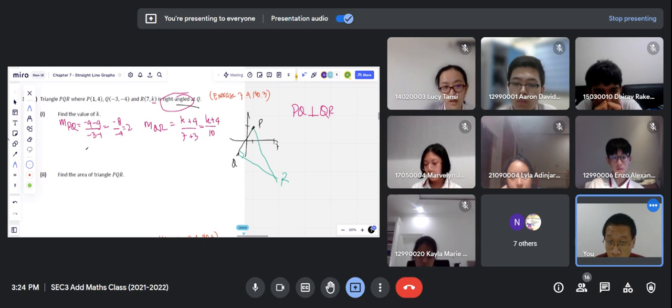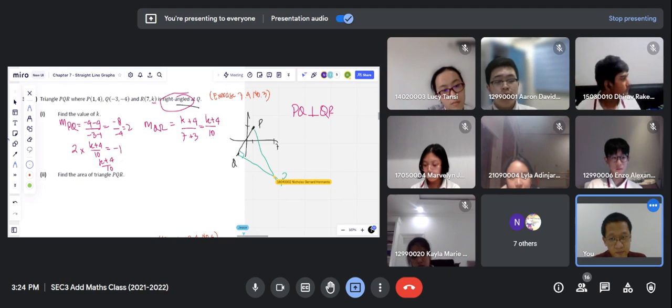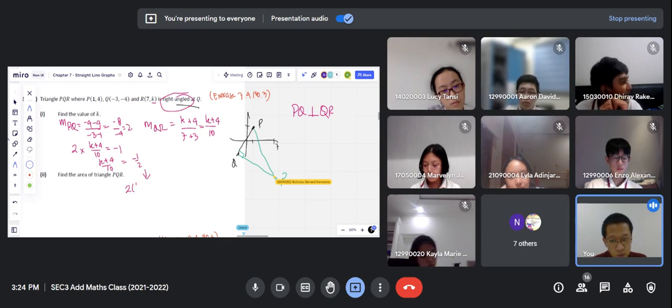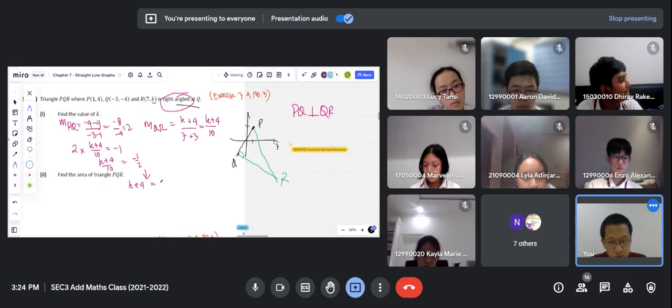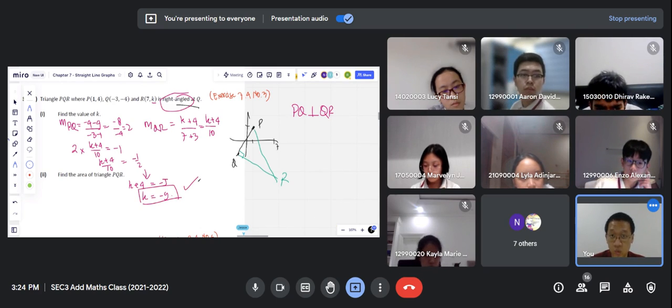So that means 2 times K plus 4 over 10 must be -1, based on our theory, right? Or K plus 4 over 10 must be -1/2. In other words, let me take the easy way. So there's -5, so the K will be -9. If you check by using GeoGebra, you will get -9 also.